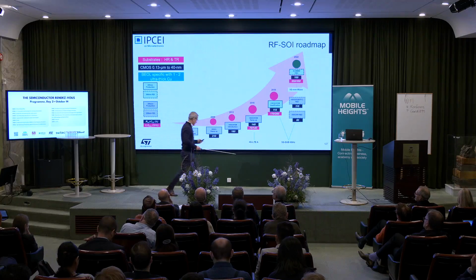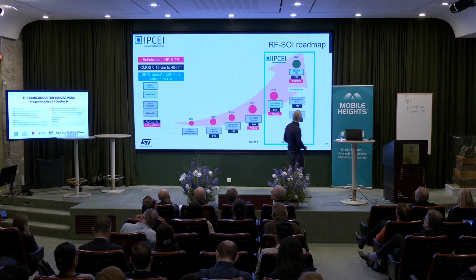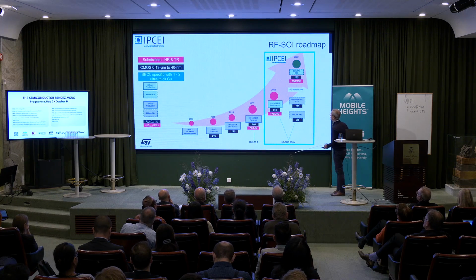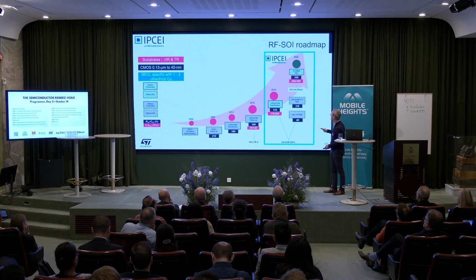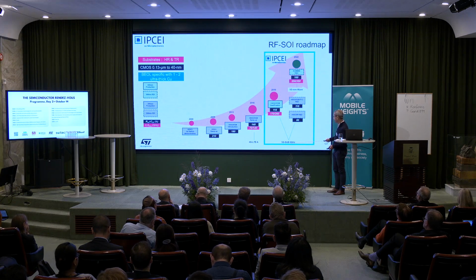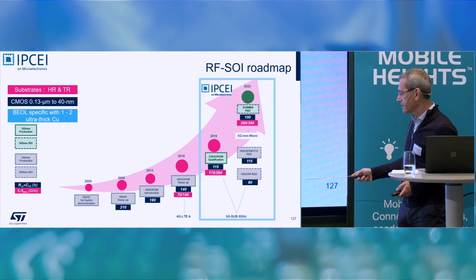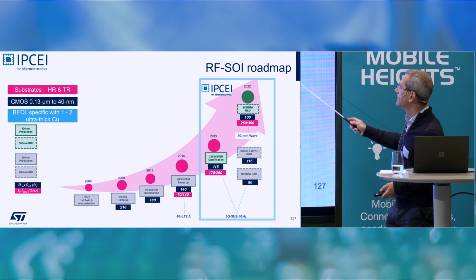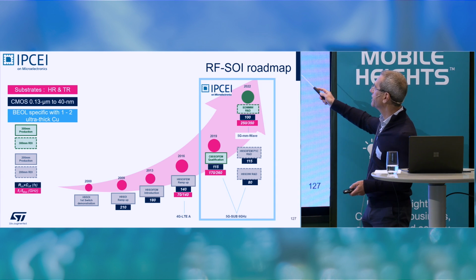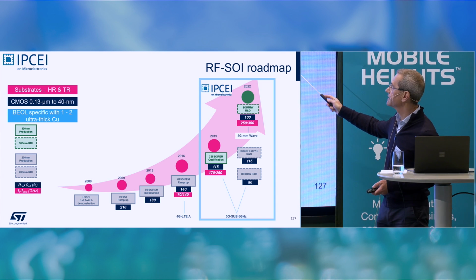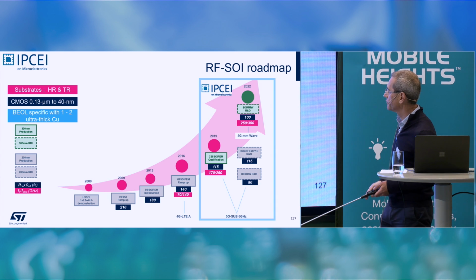So the IPCEI took care of these technologies here. You see we have the whole nodes here for 5G sub-6 GHz, so that's infrastructure mainly, connection to network, and 5G millimeter wave technology here, which is under development right now.